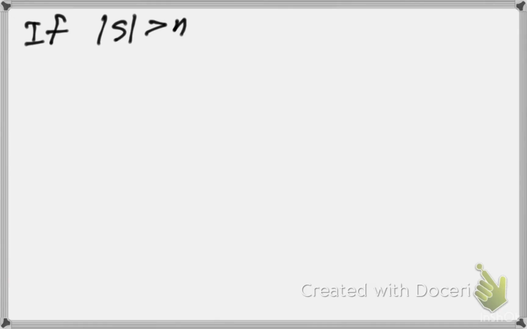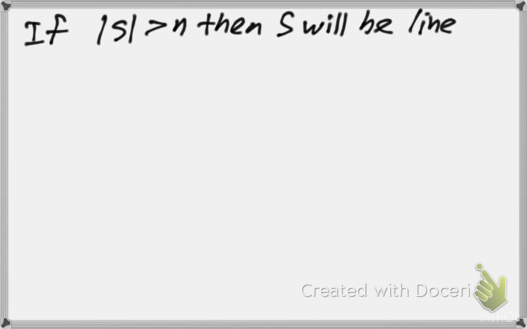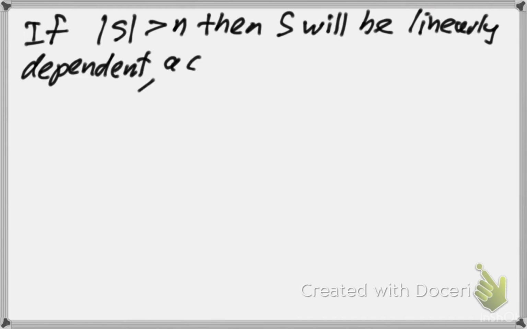That S is going to be linearly dependent. It's not going to be a basis, right? So if S is bigger than n, then S will be linearly dependent, a contradiction.